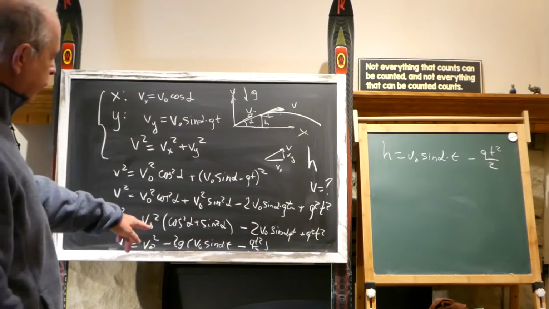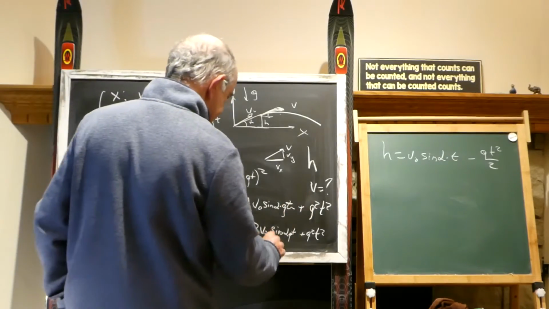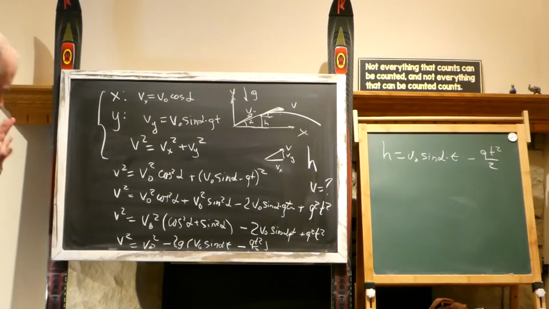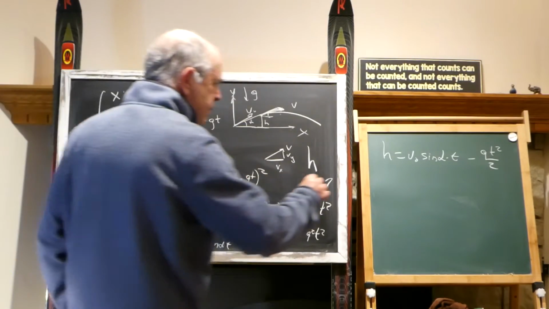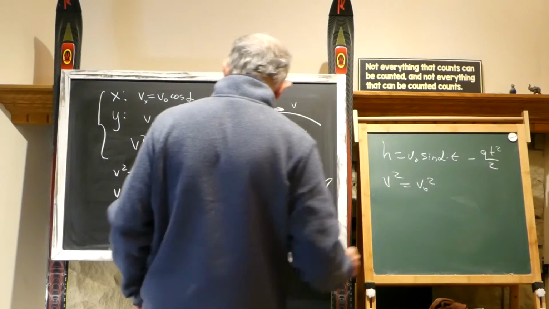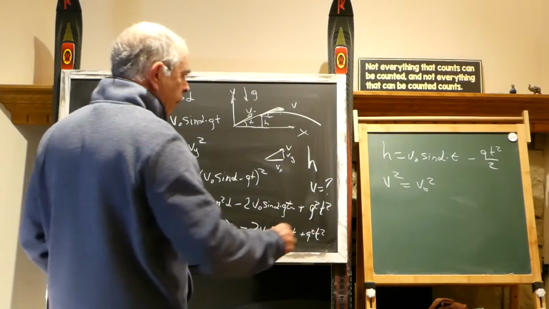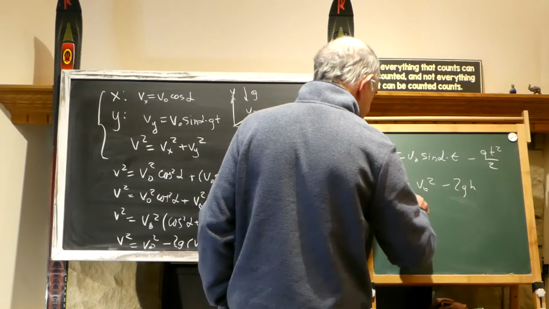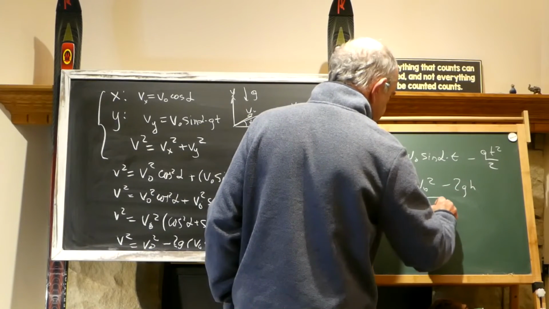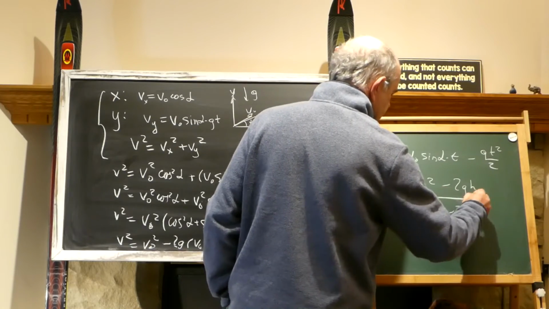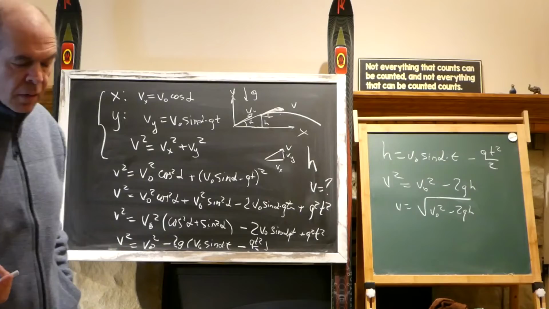If I look carefully, I can see that this is exactly h. It's just a miracle, but it is. So I have v squared equal v0 squared minus 2gh. And of course I can say that v equals the square root of v0 squared minus 2gh. And it would be my solution.